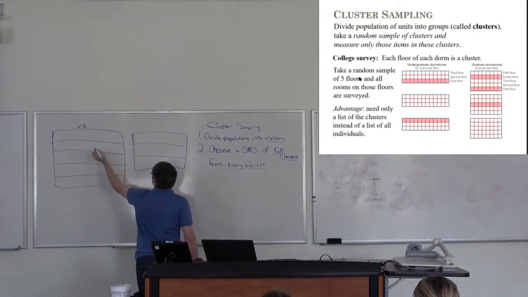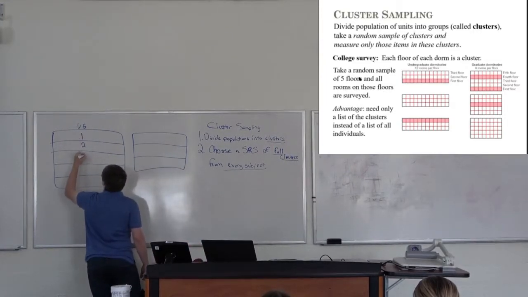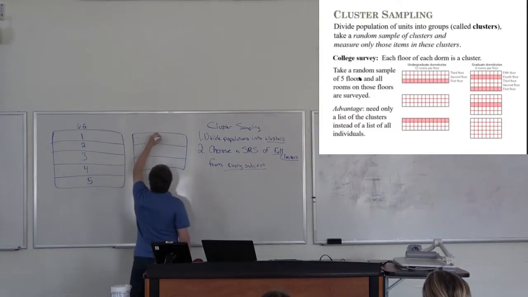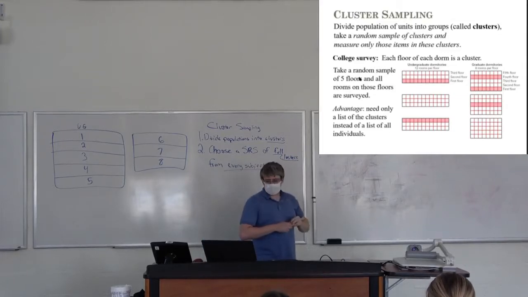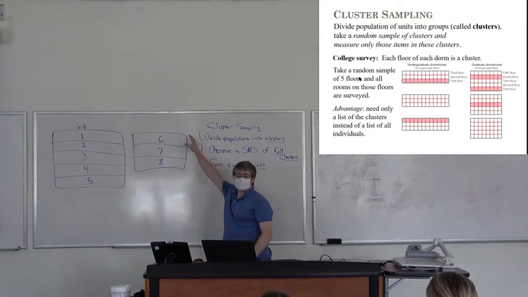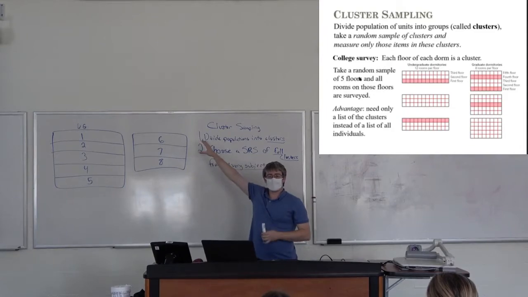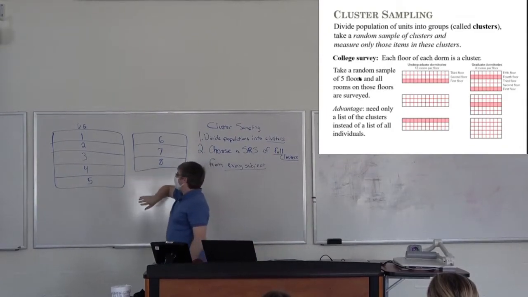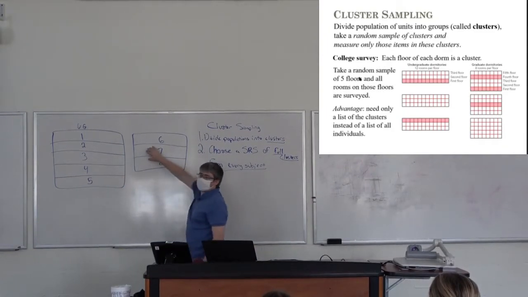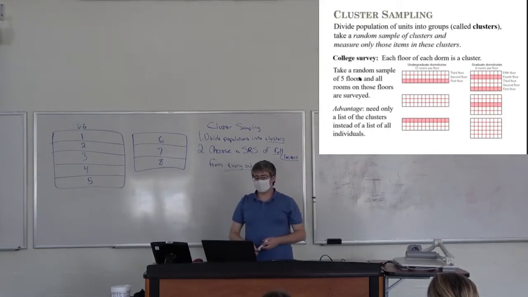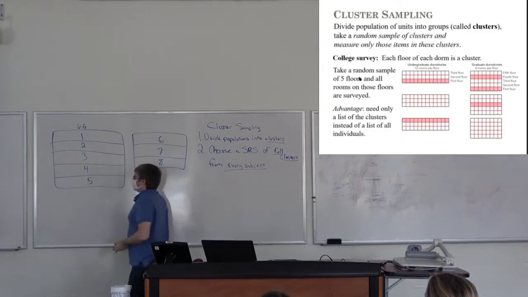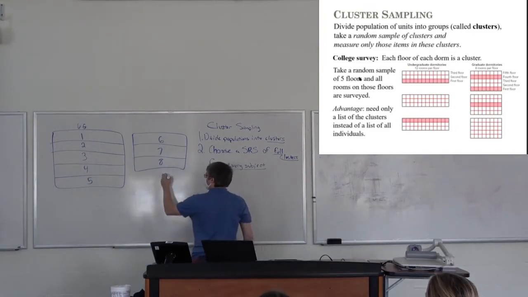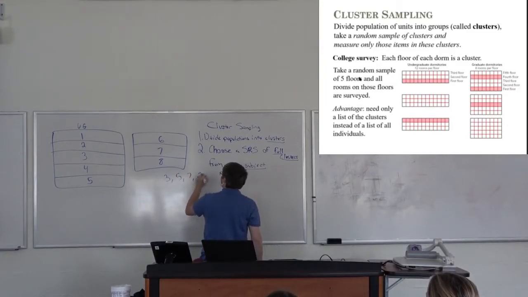And if I'm doing a random sample, here's where the simple random sampling is applied. Unlike the strata, where I restarted with 1 at the next cluster because I was doing a simple random sample from here and 1 from here, now I'm doing 1 all together, combining all of the rooms together. And if I'm just doing 5, let's just say I pick 3, 5, 7, 2, and 8.